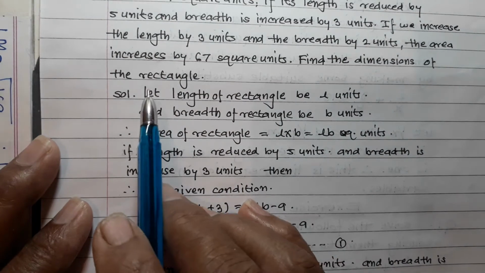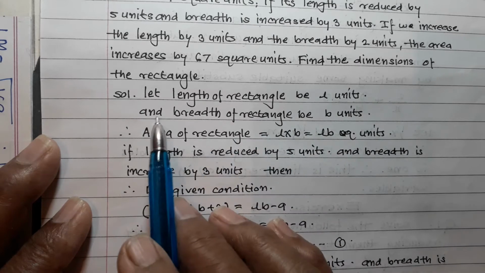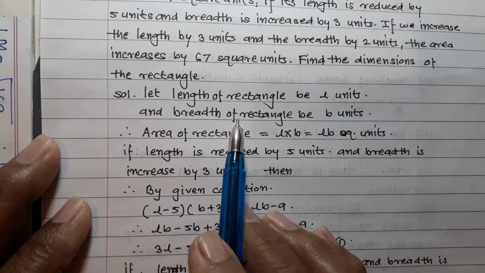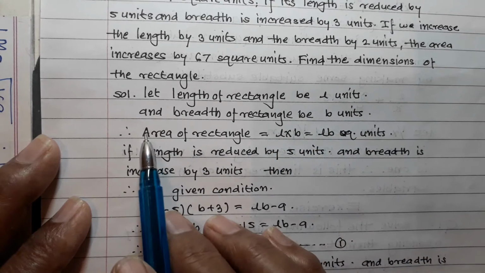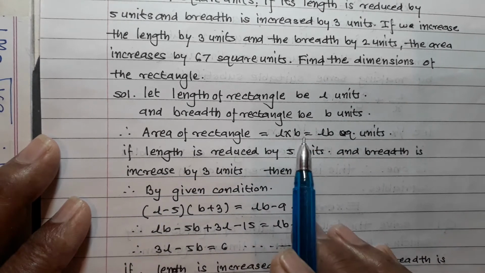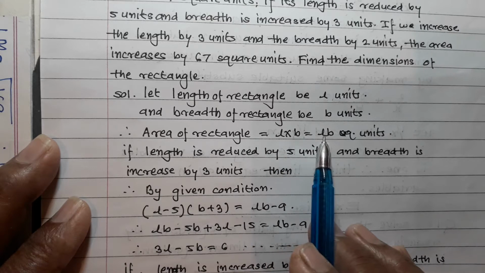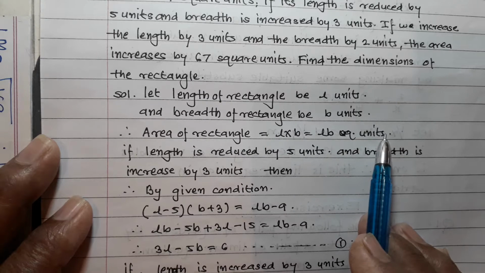Let the length of the rectangle be L units and the breadth be B units, and therefore the area of the rectangle is L into B, so LB square units.